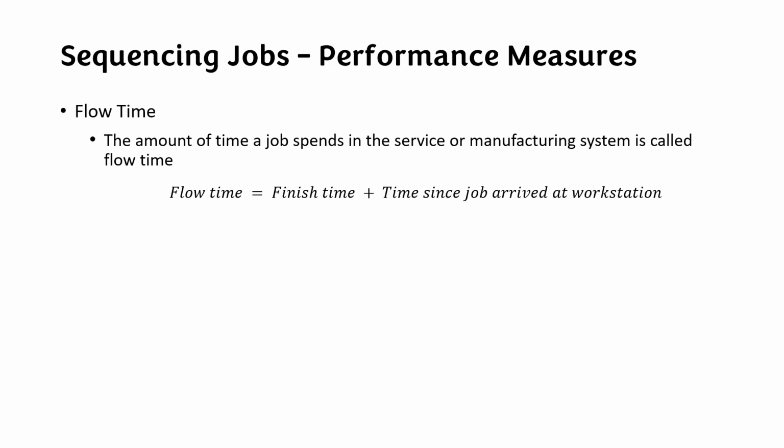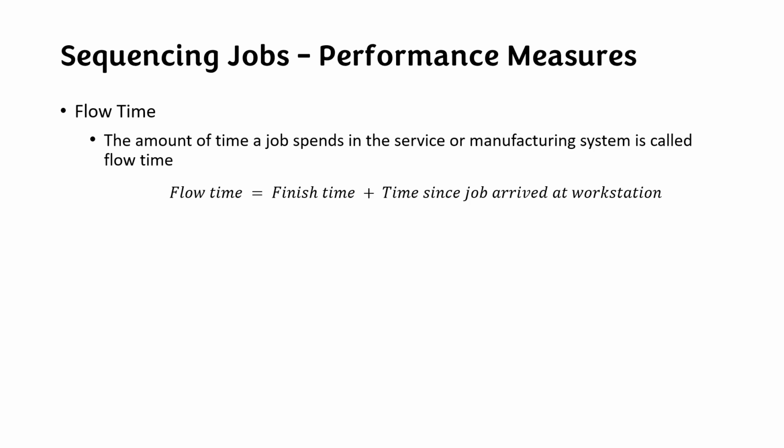For a set of jobs to be processed at a single workstation, a job's flow time is equal to the finish time plus time since the job arrived at the workstation. When using this equation, we assume for our convenience that the first job scheduled starts at time 0. At time 0, all the jobs were available for processing at the workstation.